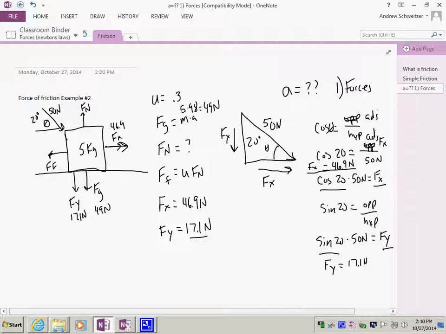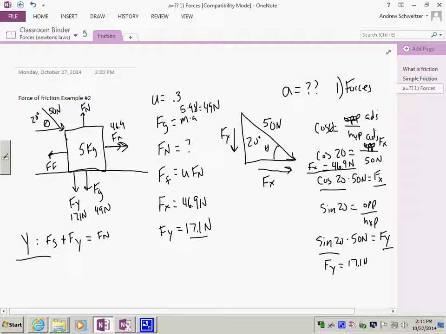Now, step number 2 is looking at the x and y coordinates. Now, the box is not jumping off of the table, so I'm going to do my y coordinates first. They're balanced. So my force of gravity plus the force I'm applying from my applied force in the y direction is equaling my force normal.